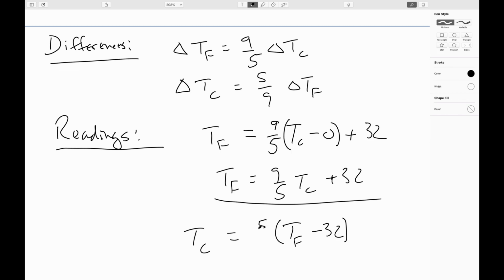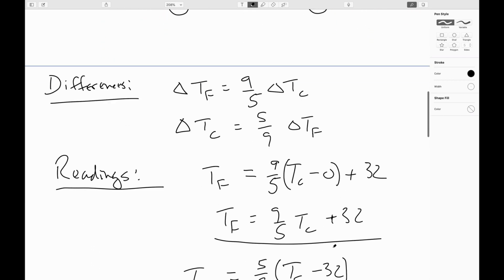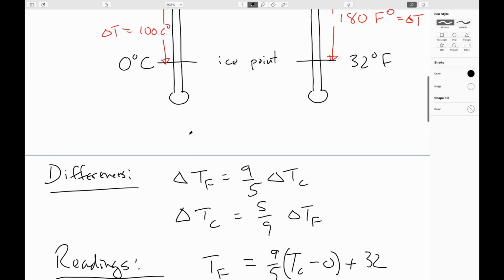You would then multiply by 5/9 to adjust for the fact that Celsius degrees are coarser and Fahrenheit degrees are finer. And then you would go and you would add the ice point temperature back in, because now what you have here is the number of Celsius degrees off of the ice point temperature.